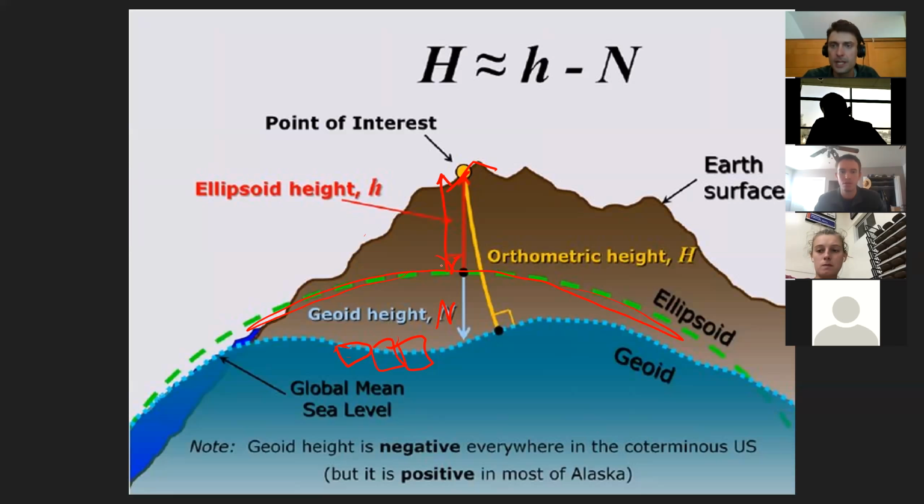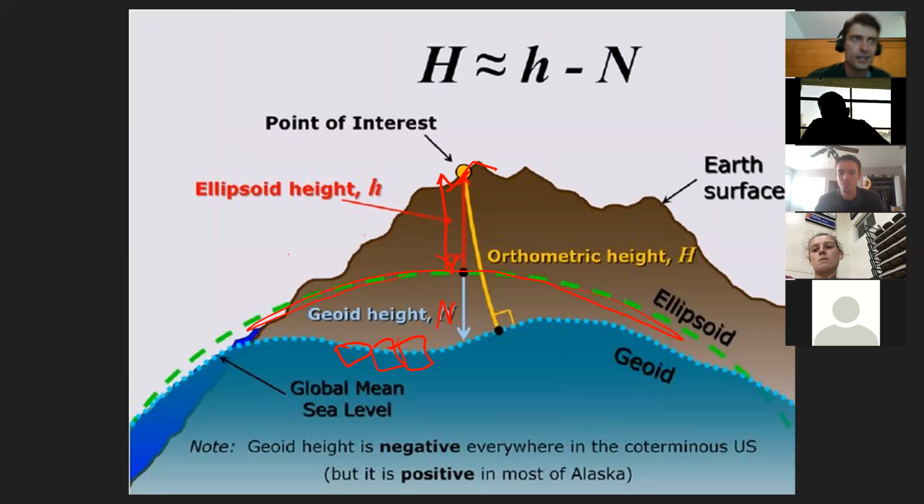What would that mean, Christian, if I got a negative value at the surface of the ocean? That would mean that the point you're at is underneath the ellipsoid. Yeah, exactly.